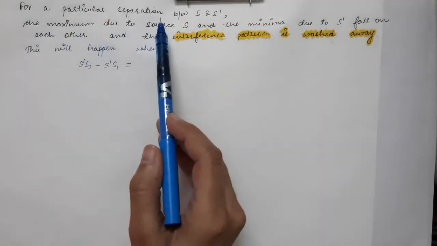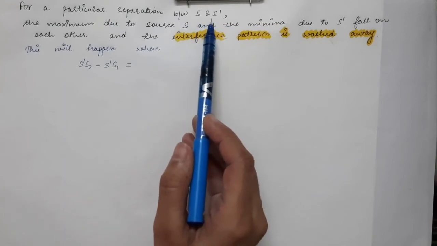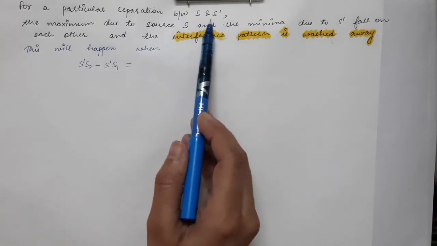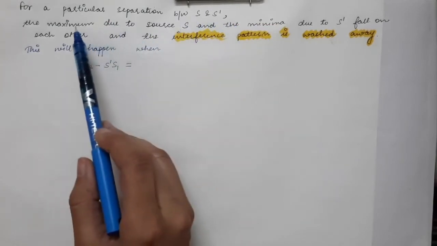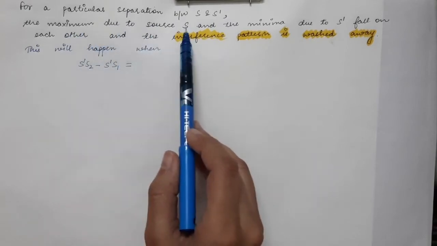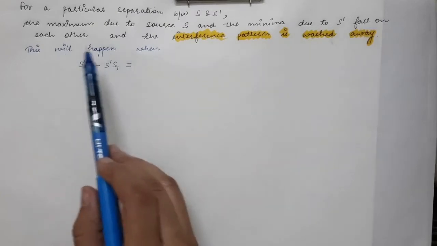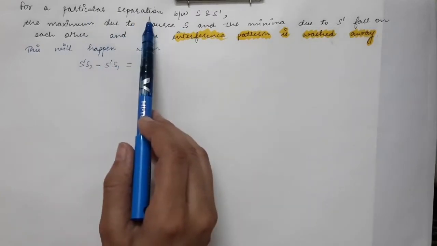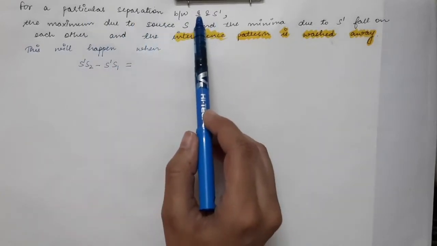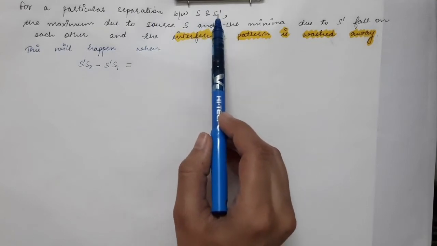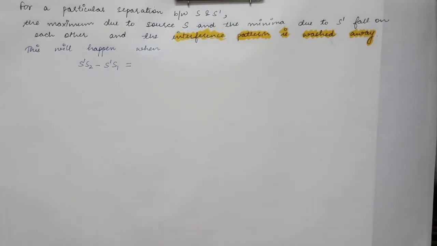For a particular separation between S and S prime, for a particular separation between these two point sources, the maxima due to S and minima due to S prime fall on each other. As we have said, S will make its own interference pattern and S prime will make its own interference pattern on the screen.